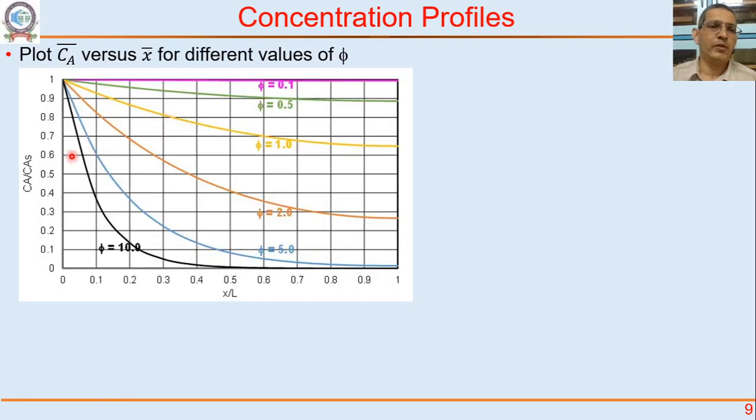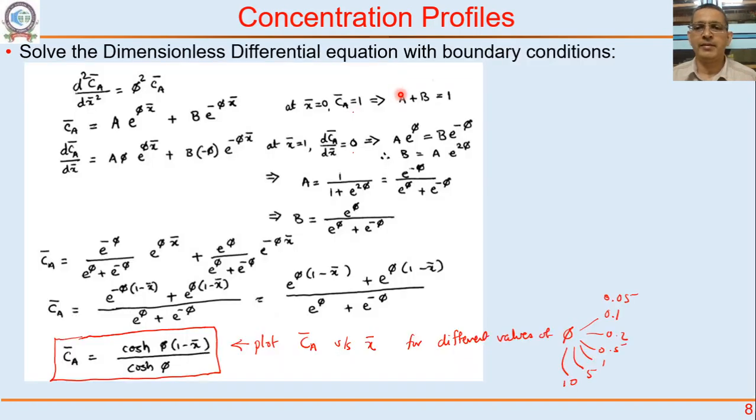This is how your graph will look like. Ca by Cas, which is our Ca bar, and x by L, which is our x bar. So phi equal to 0.1, this is how it will look like. Phi far less than 1, no diffusion limitation. Diffusion is very fast. Concentration everywhere inside is equal to CAS, which means Ca bar equal to 1, like this case.